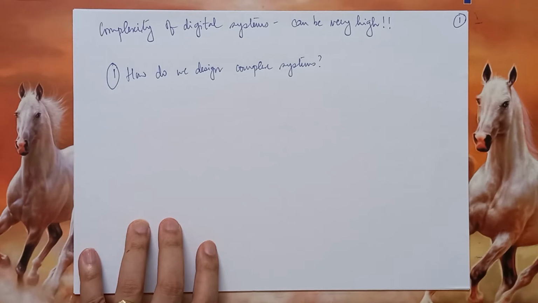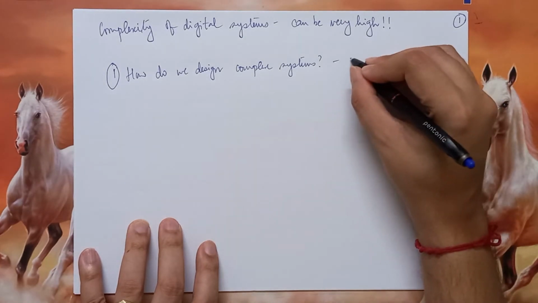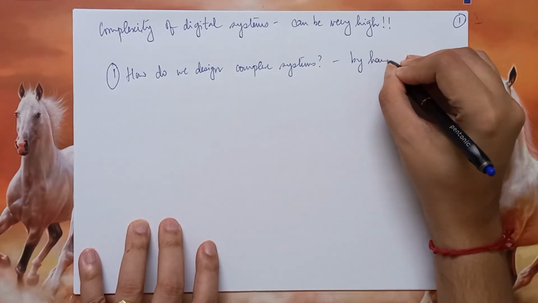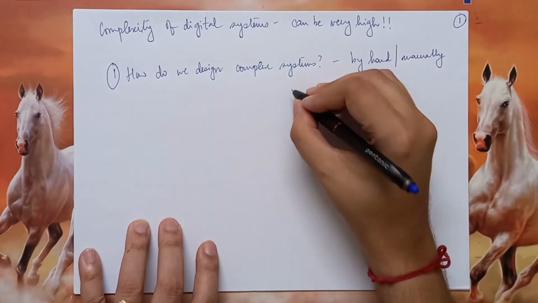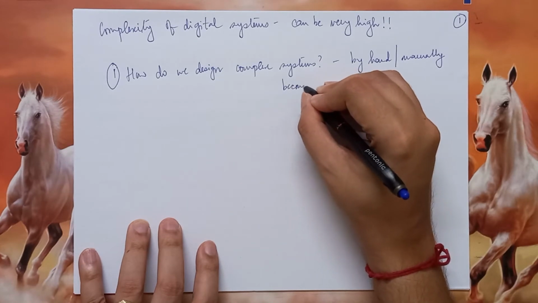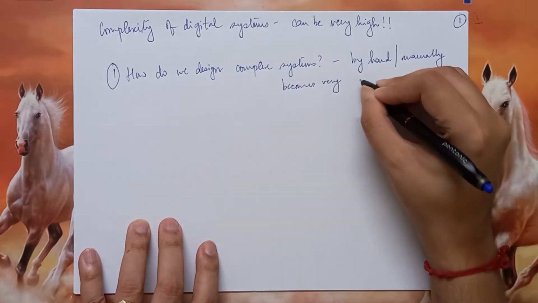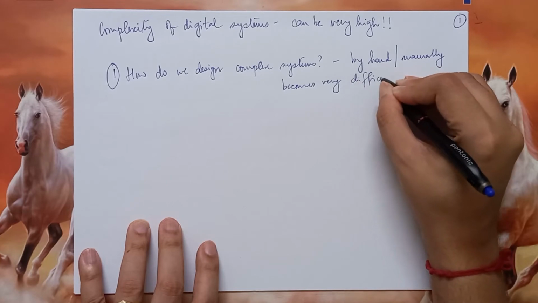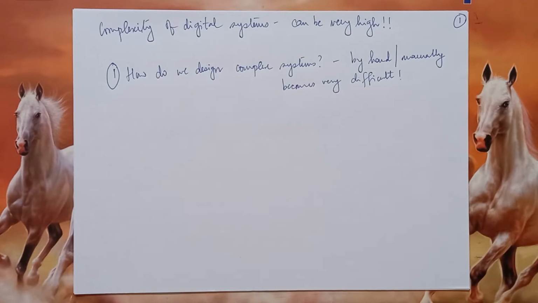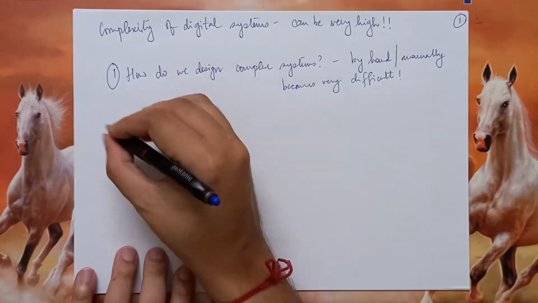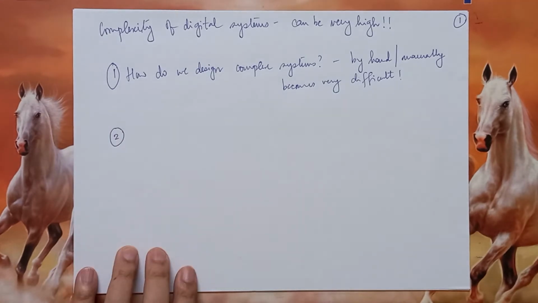The thing is, how do we design complex systems? So by hand or manually becomes very, very difficult. The second part is that supposing we even manage to accomplish the uphill task of designing the circuit.